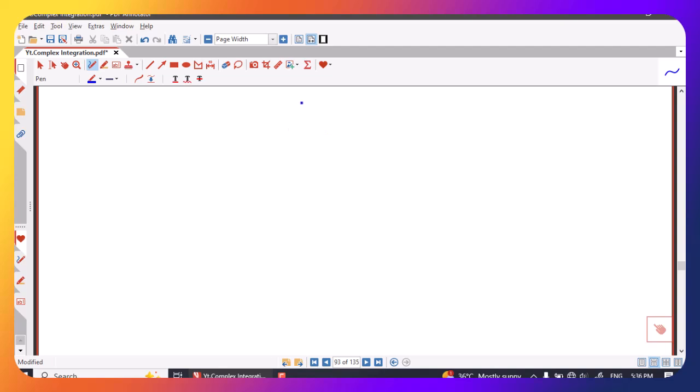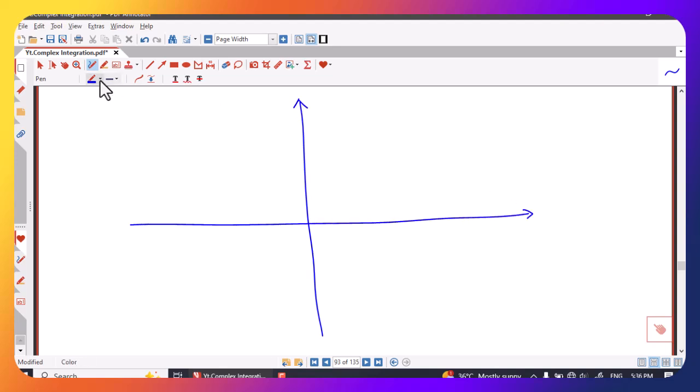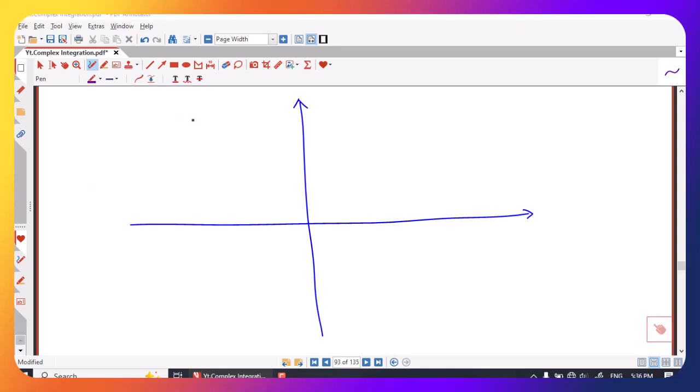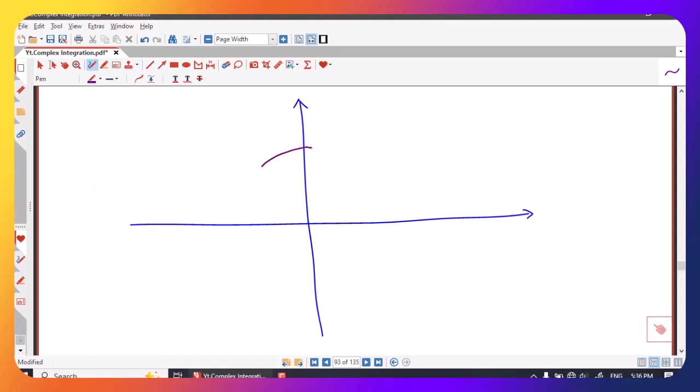If we wish, we can visualize this geometrically also. Our contour is a circle with center 0 and radius 5. So we can roughly sketch that circle in the xy plane. Suppose this is a circle with center 0 and radius 5.